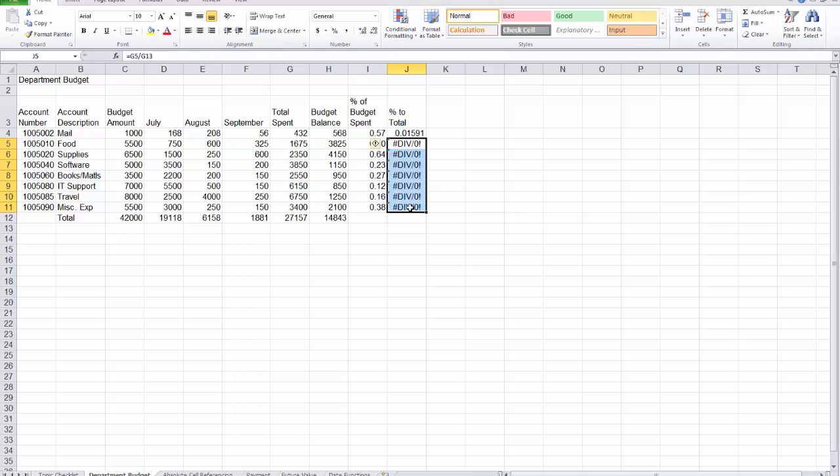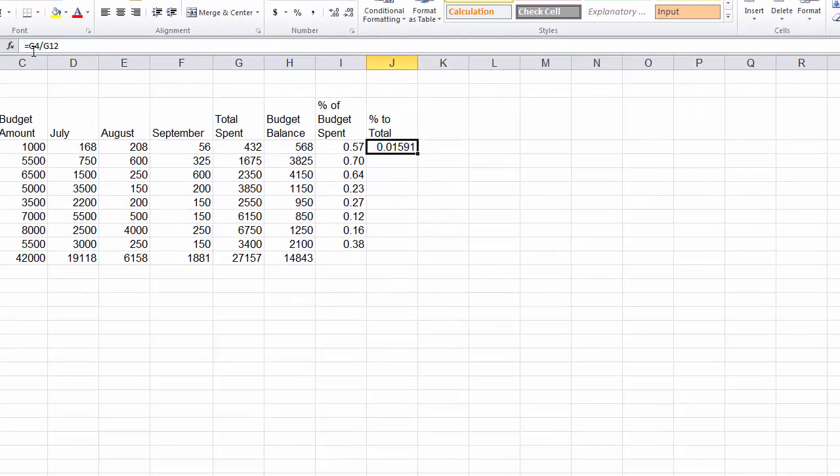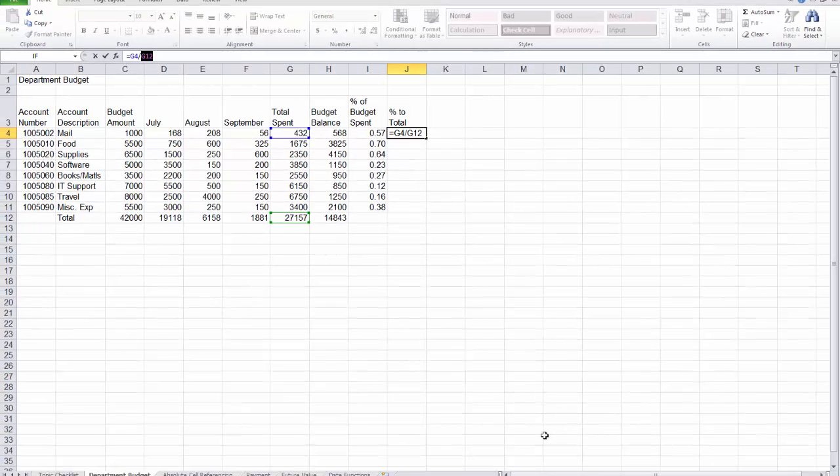So I'm going to erase these errors. I'm going to go back up to my original formula equals G4 divided by G12. And absolute cell addressing is turned on by adding dollar signs to the column and row reference. So I'm going to hit the shortcut key, Function key 4 or F4, and enter.